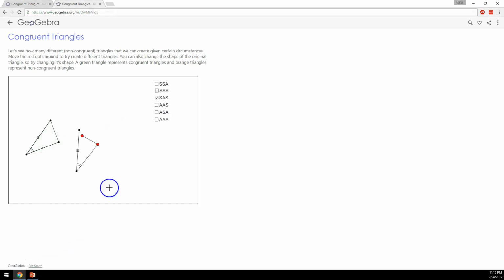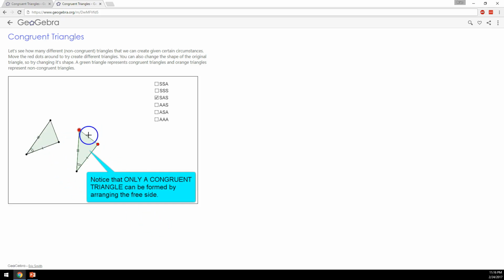Alright, so next we want to prove side, angle, side. We have our side, which is right here. We have our angle in between here, and we have our other side here. As you can see, it's not forming a triangle quite yet. We want to see if this actually can be a true statement. So let's see if we can rearrange them.